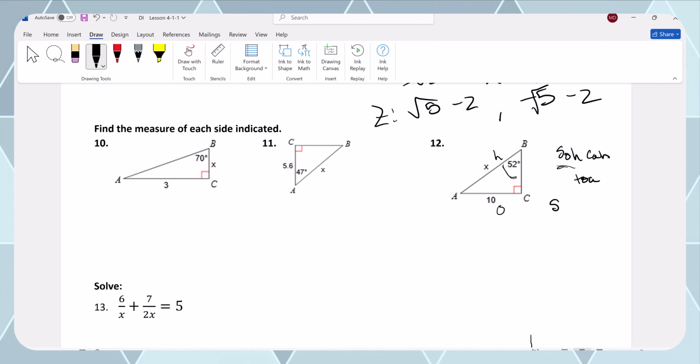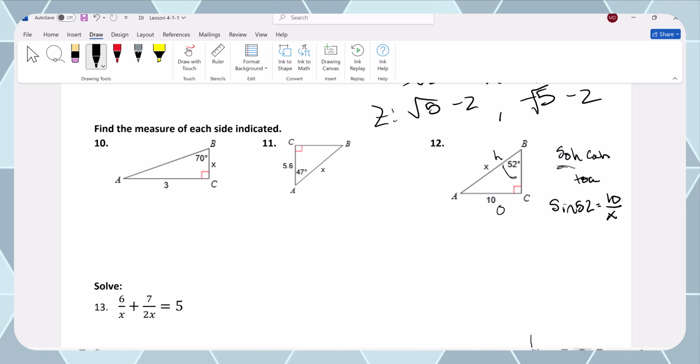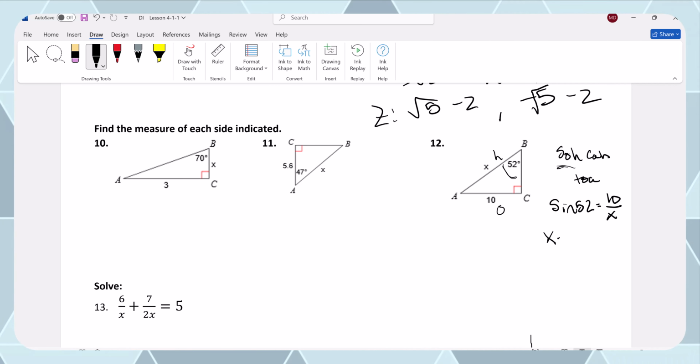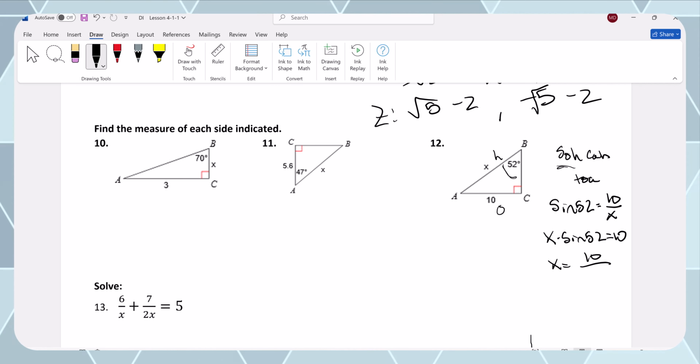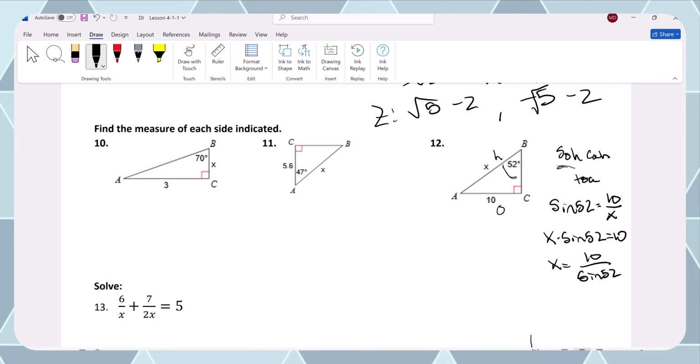I'm going to say the sine of my angle equals opposite over hypotenuse. And now you want to get x by itself, so you multiply both sides by x. So you get x sine 52 equals 10. Divide both sides, so you get x equals 10 over sine 52. And then you'd enter that in your calculator, and you're going to get your answer.